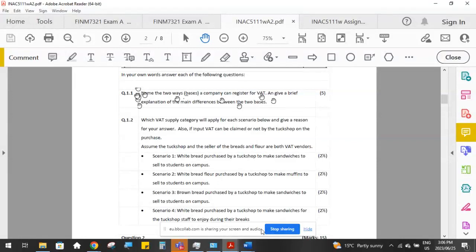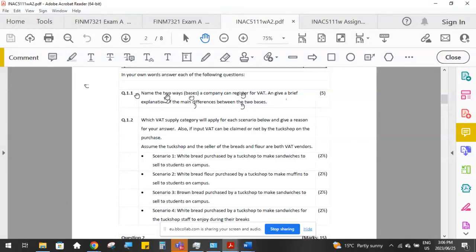Learning unit 3. It says, compare the two bases according to which vendors may be registered for VAT. So that means in the learning objectives, you should have prepared for that, and you should know where to go and look for it.